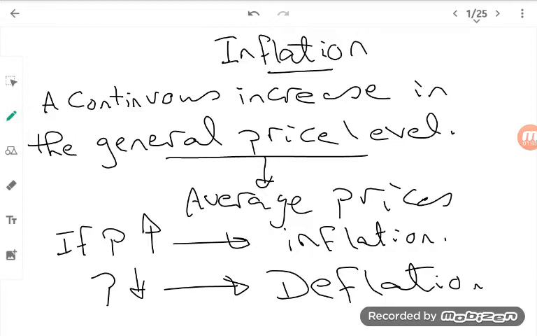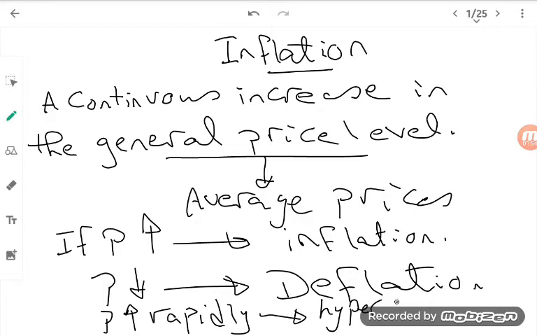If prices increase rapidly, this is known as hyperinflation. So with hyperinflation, if the inflation rate is 50%, for example, this is not just inflation, it's hyperinflation. Okay.